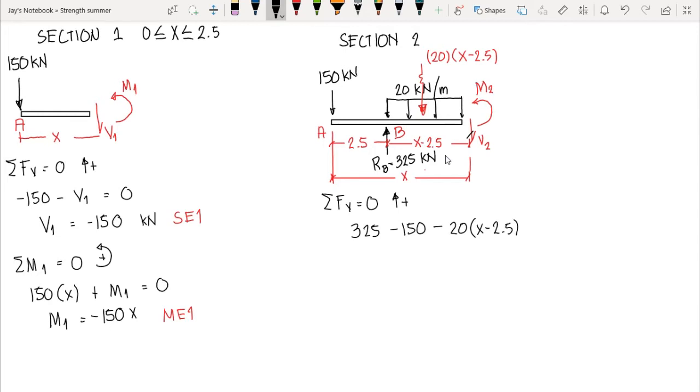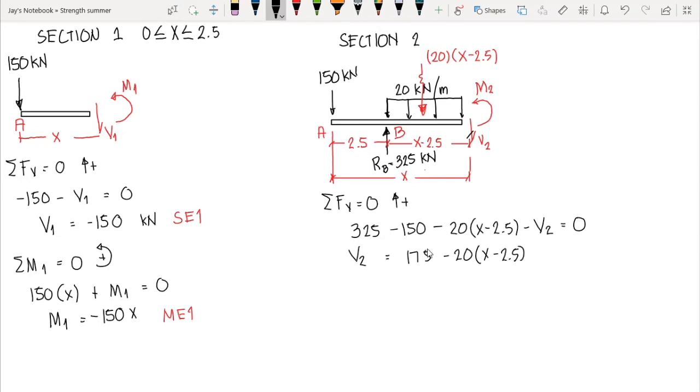Then we have the internal shear exposed in the cut section. We have minus the internal shear acting downward, that is internal shear 2, and this is equal to 0. So our shear equation gives us 175, since 325 minus 150, and then minus 20 times x minus 2.5.